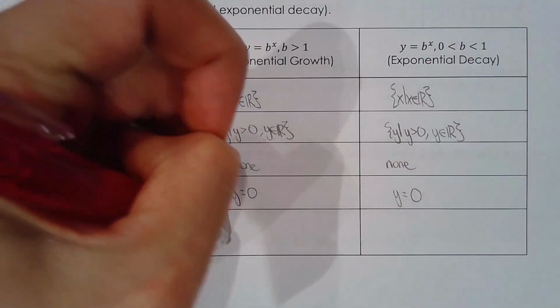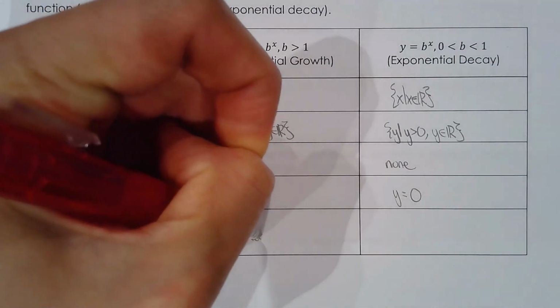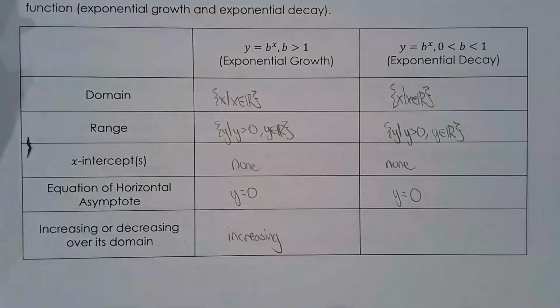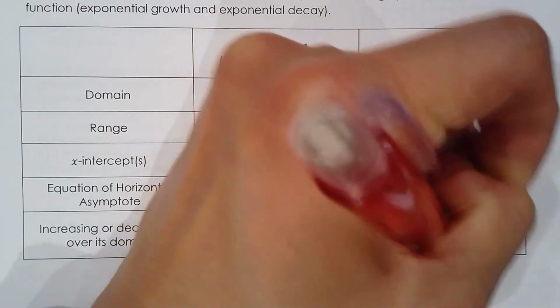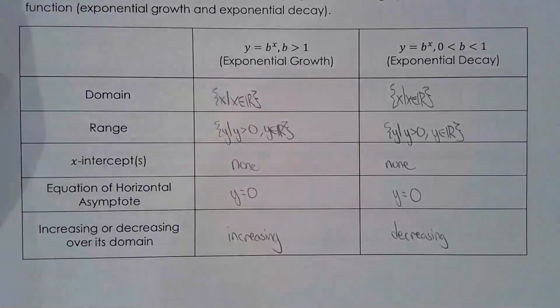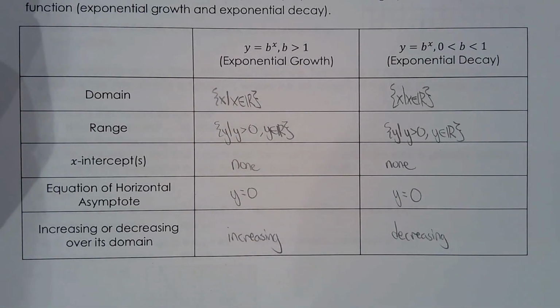So, increasing for exponential growth functions and decreasing over its domain for exponential decay functions.